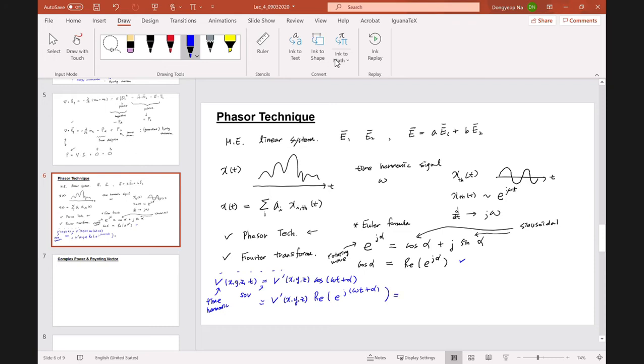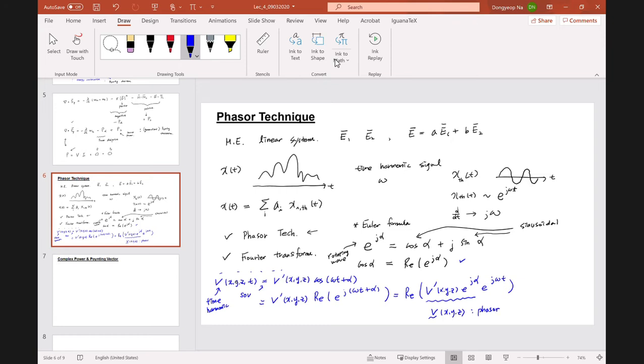And we can explicitly write, moving the real part, and because this term is also real valued, it is equivalent to write v dash of x, y, z, alpha, omega, exponential j alpha, and exponential j omega t. Now we are going to define this as a phasor, the phasor of V of x, y, z.